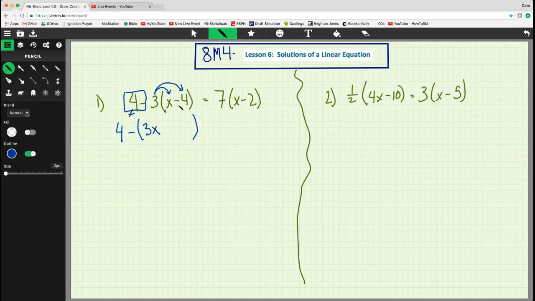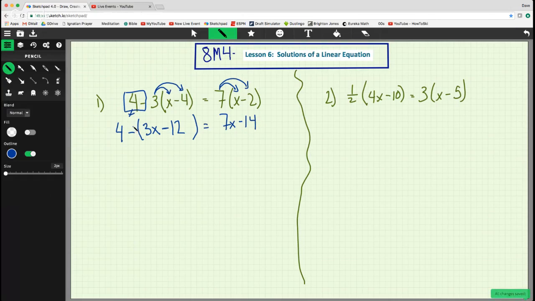And 3 times -4, put our minus here, and 3 times 4 is 12. Okay. And now we actually have another little distribution problem right here. Well, let's distribute this side first. Let's just distribute our 7x, move our minus down, and 14.